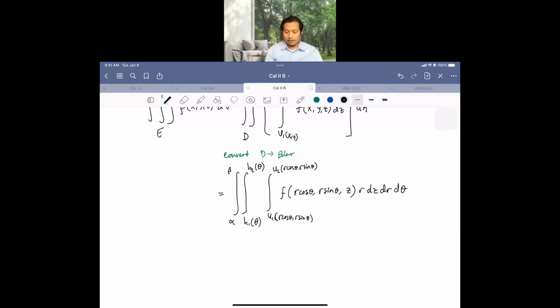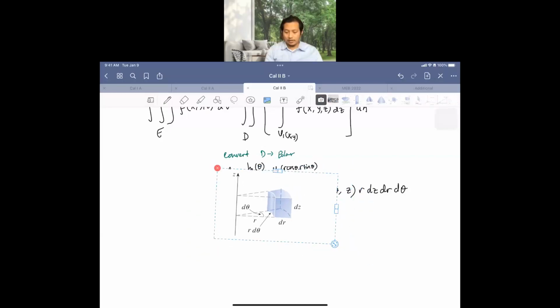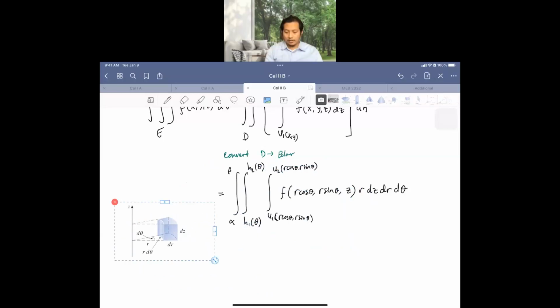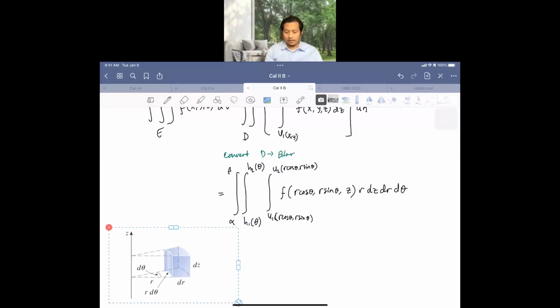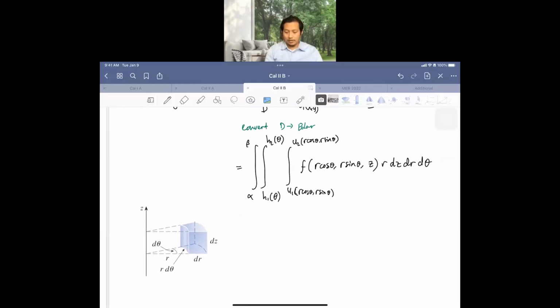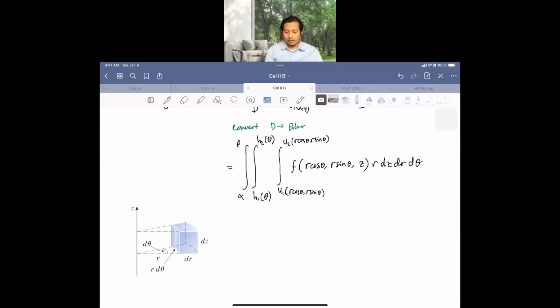Now, if we would like to see in a more convenient way what we have in the cylindrical, if we cut the cylinder, we could also consider these small pieces. If you calculate the volume as a volume in a rectangle, we could compute r, right?